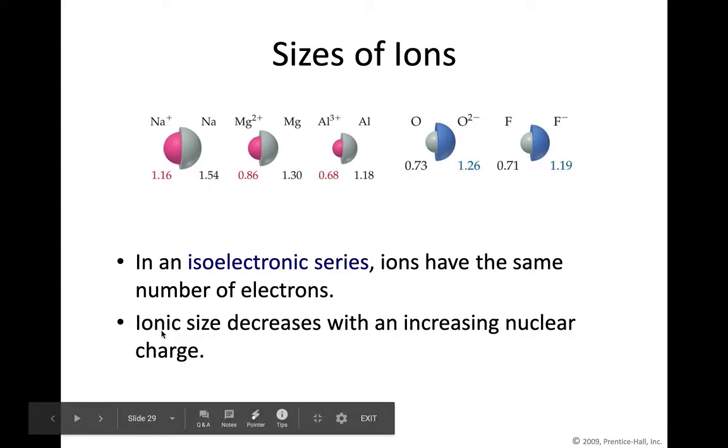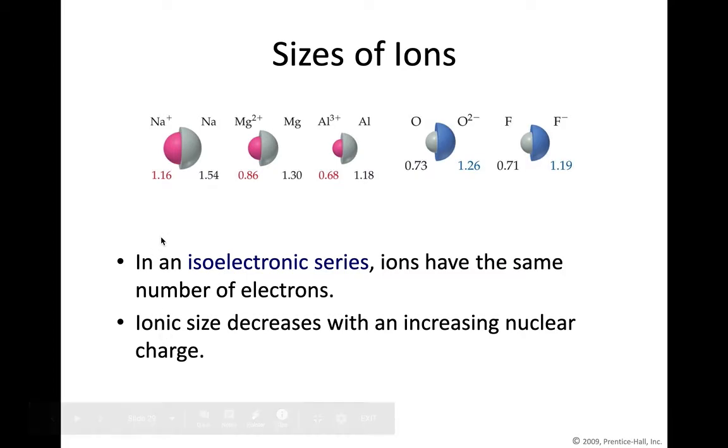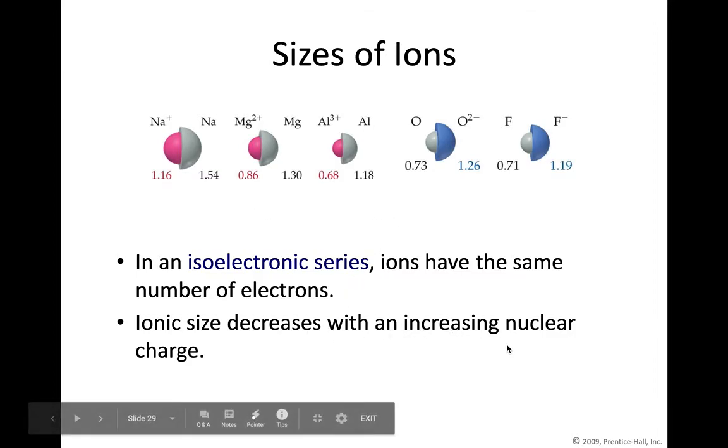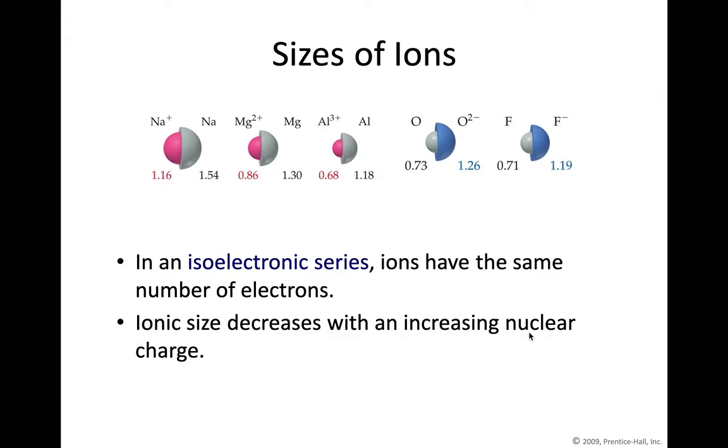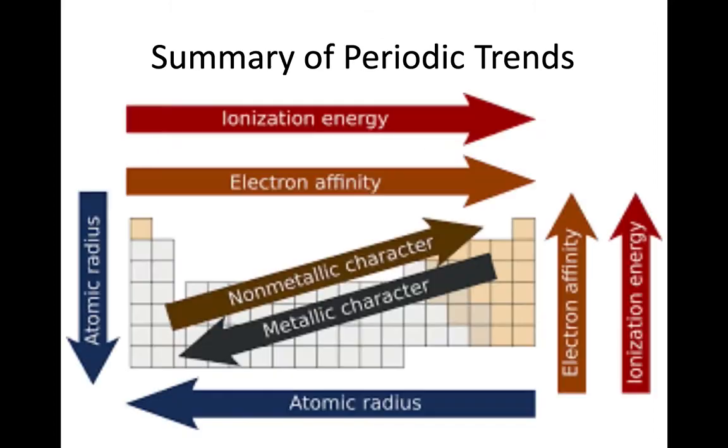In this case, our ionic size is going to decrease with an increasing nuclear charge. Of course, in this case where we've got the same number of electrons overall, the greater our nuclear charge, the more protons we have, the smaller that size is going to be because those protons will be able to hold on to the electrons better.